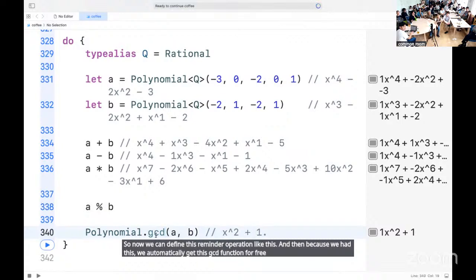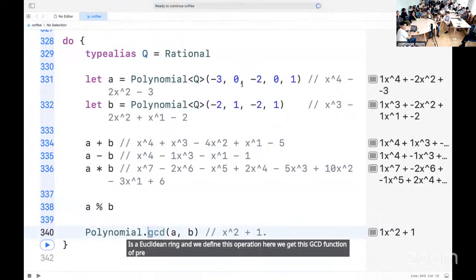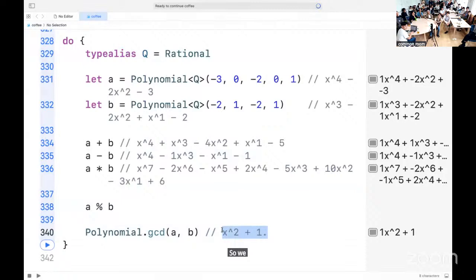We didn't implement a GCD function for polynomials, but because we know that polynomials over the rational numbers form a Euclidean ring, and we defined this operation, we get the GCD function for free. The greatest common divisor of the two polynomials A and B is x squared plus 1. So we automatically get this for free.